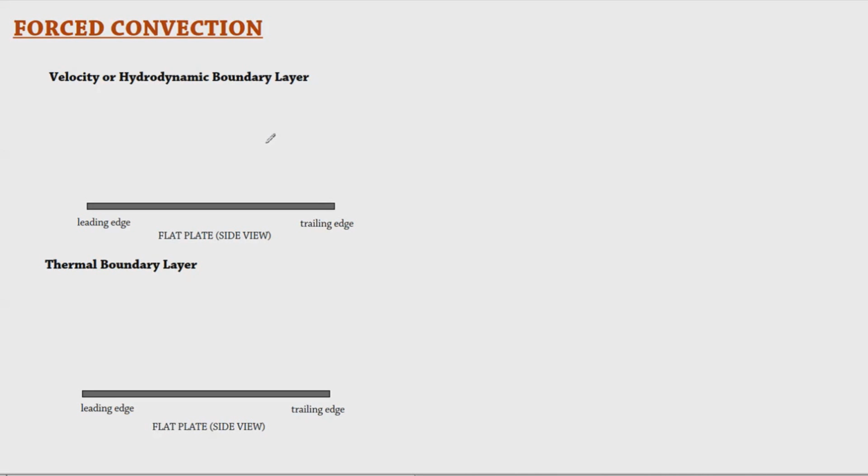There are ways that we can describe this layer. This boundary layer can be bounded or unbounded.